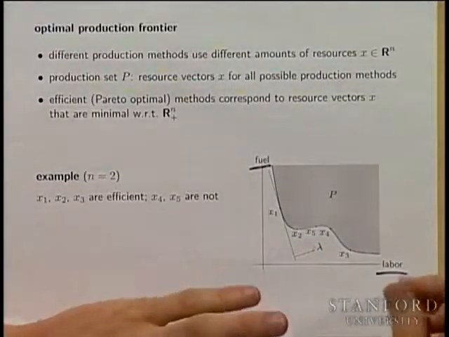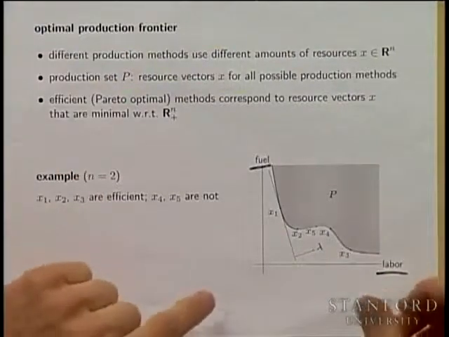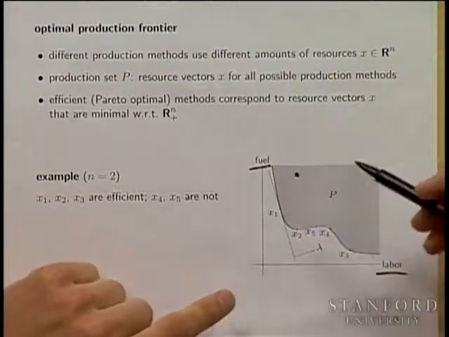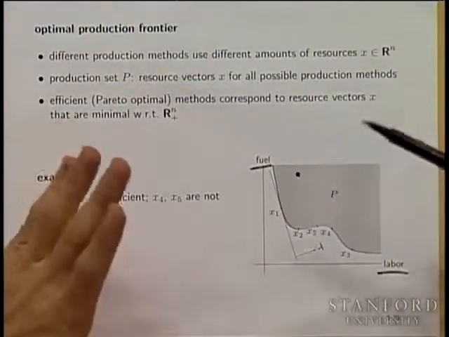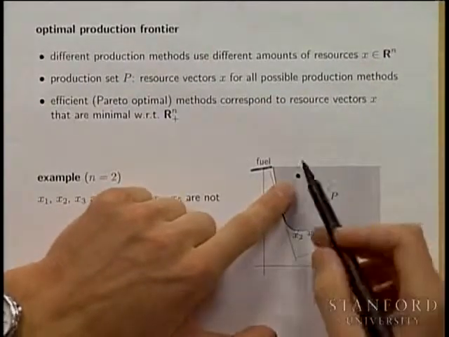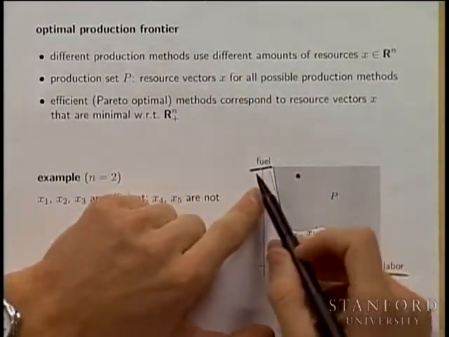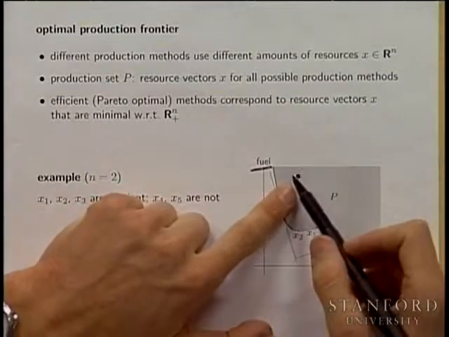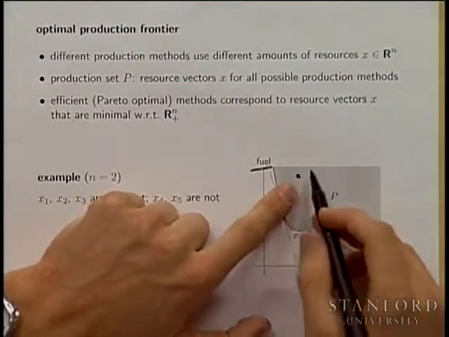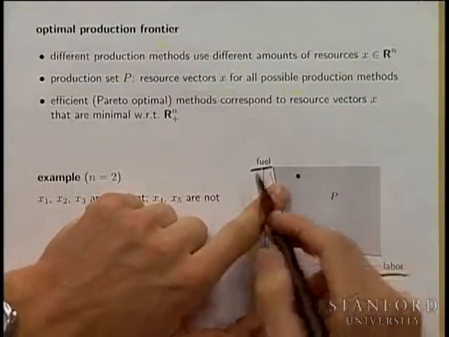Say we're testing out different production methods in our factory. If a point is in the set P, it says that there is some production method which, say, produces 100 milk bottles, and it takes this amount of labour and this amount of fuel.